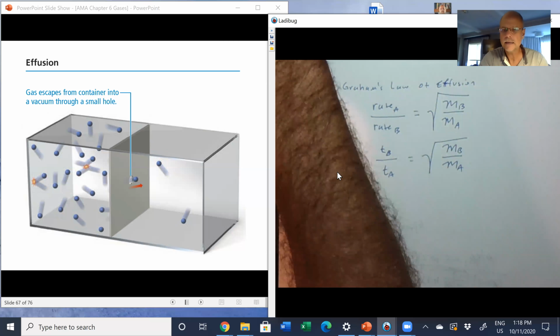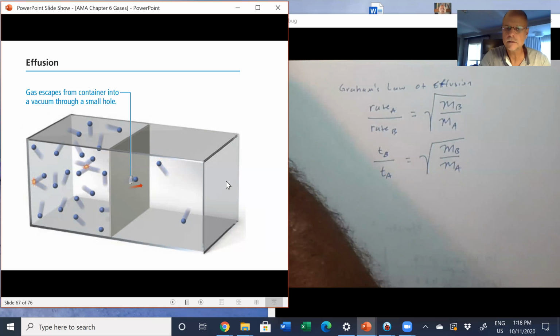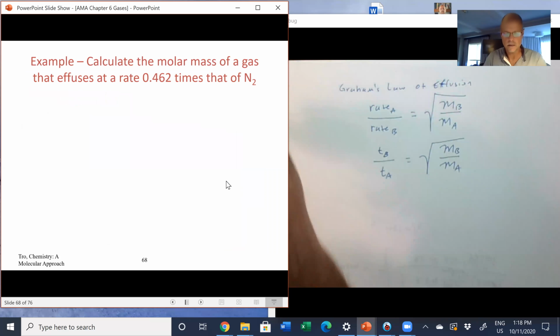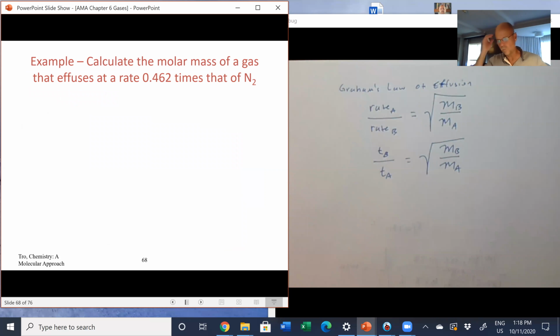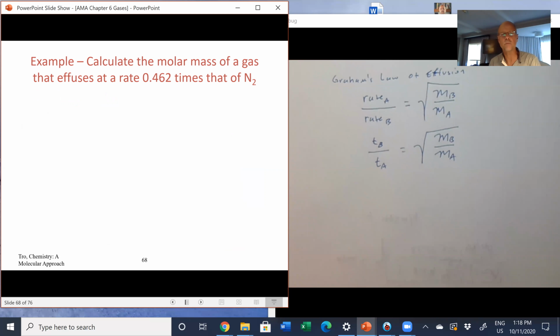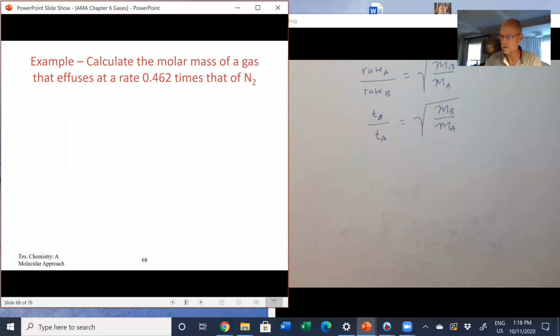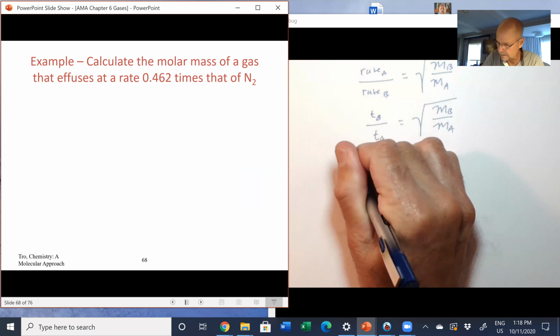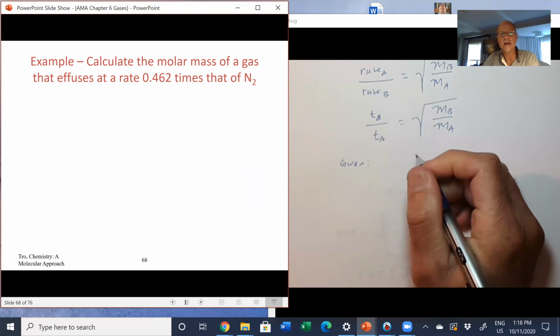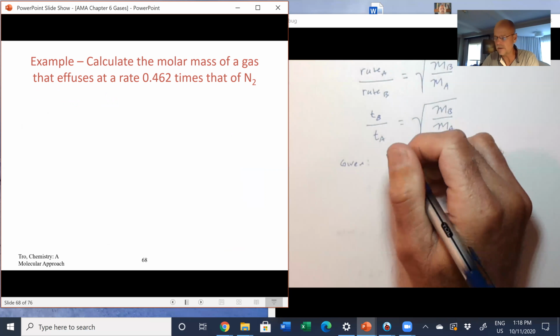All right. Let's do an example here. So we want to calculate the molar mass of a gas that diffuses at a rate 0.462 times that of nitrogen. All right. So let's see, what are we given? We're given a gas that diffuses. So we have two gases.